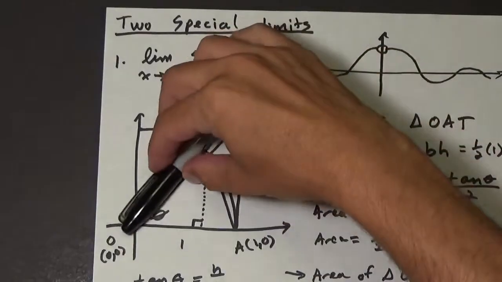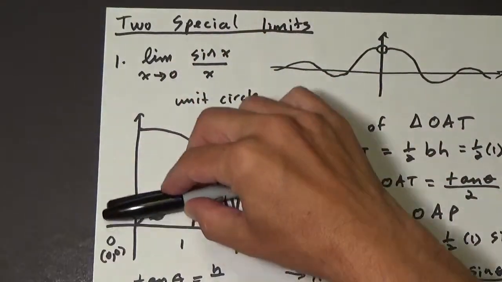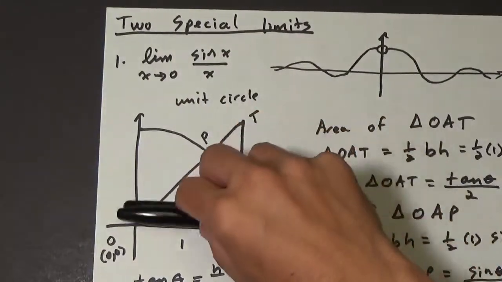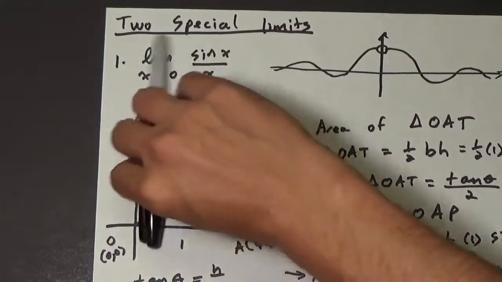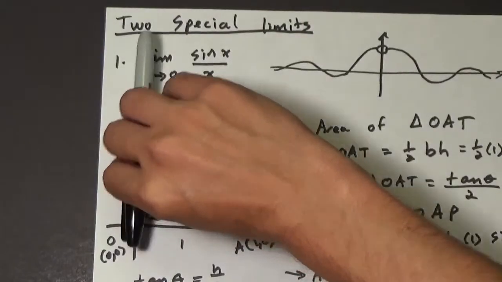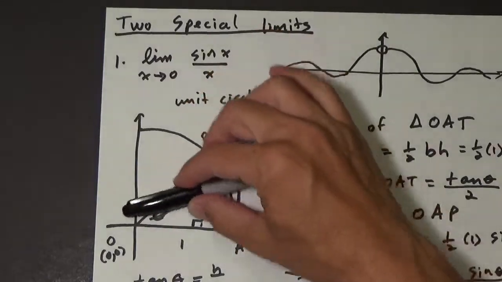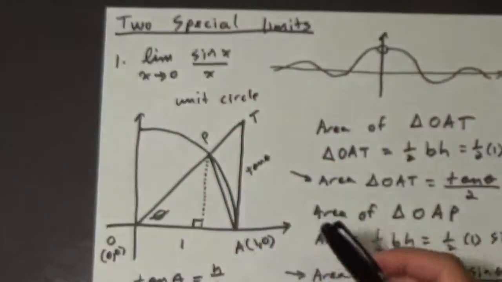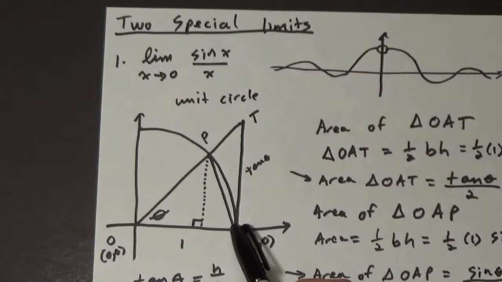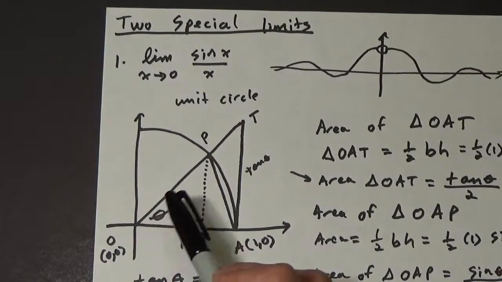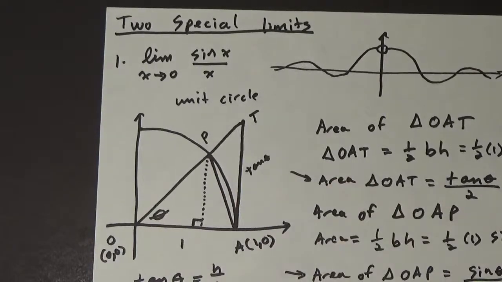Notice that no matter what theta is, because we have triangles, it has to be between 0 and 89.999. Of course you can't have 90 because you won't have a triangle anymore. But no matter where this theta is, notice that triangle OAT will always be the biggest triangle.